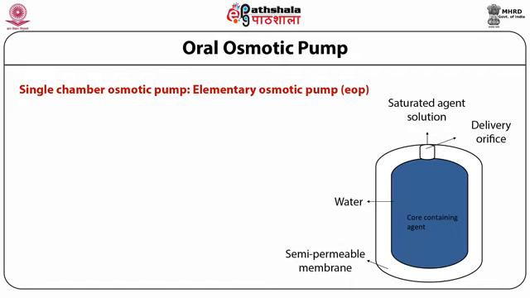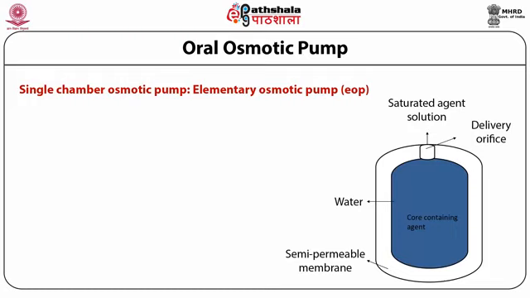Keep in mind, first of all, the orifice will remain the same for the drug to come out from there. Osmogen must be used because this is the basic principle we are using, based on osmotic pressure. However, here the design is so simple that you can see it only contains the orifice, a water core, and the core contains drug and osmogen both together, and outside is a semi-permeable membrane.